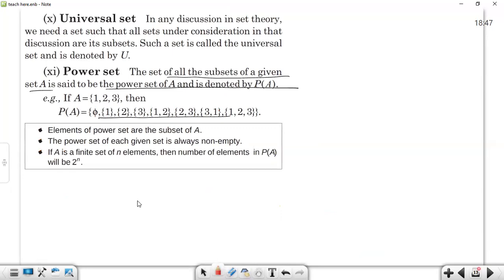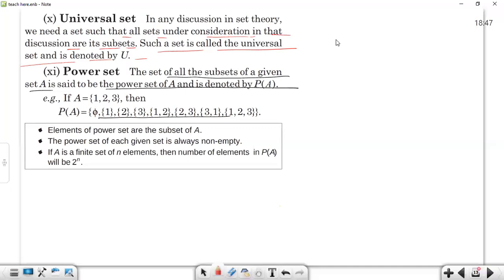So let's now discuss the universal set. In any discussion in set theory, we need a set such that all sets under consideration in that discussion are its subsets. Such a set is called the universal set and is denoted by U. If we are discussing numbers, what is the universal set?